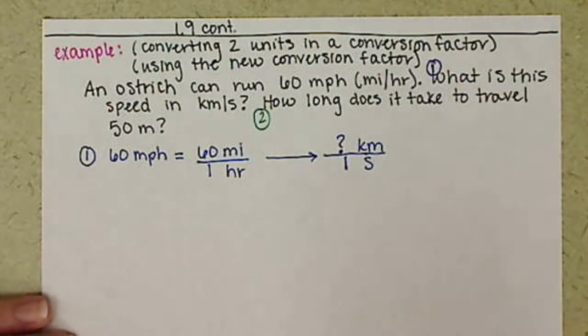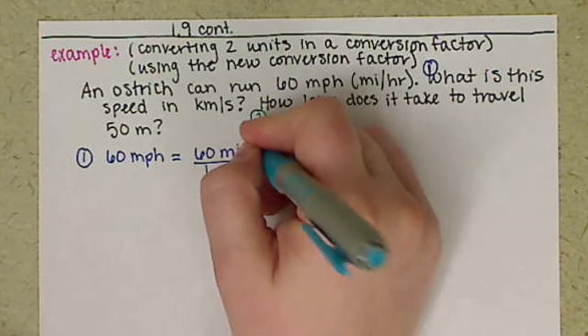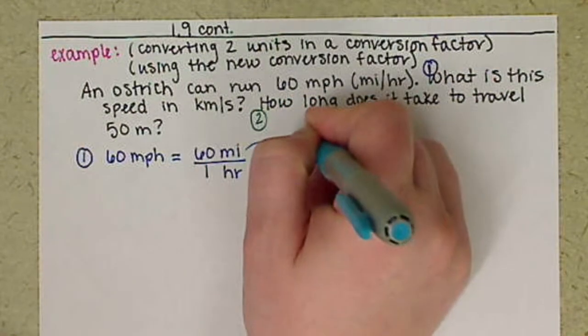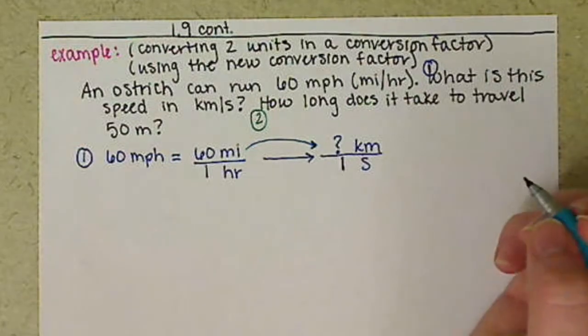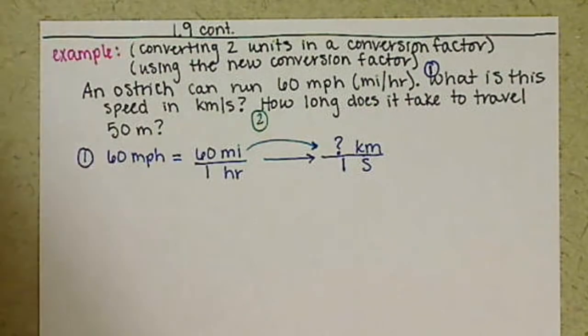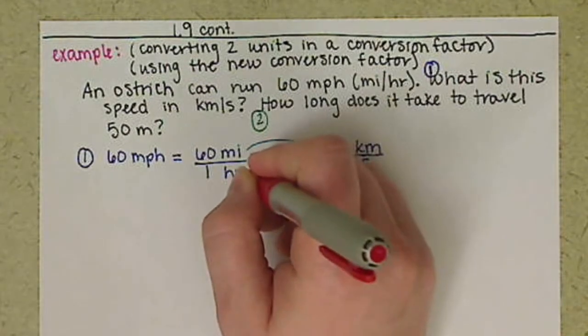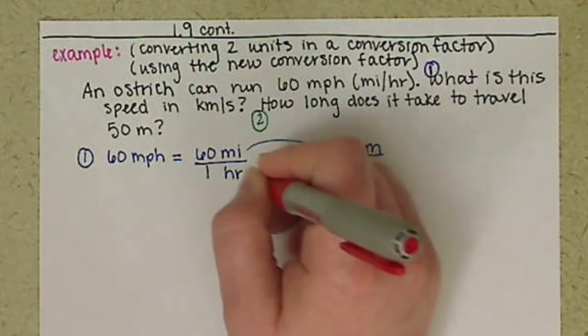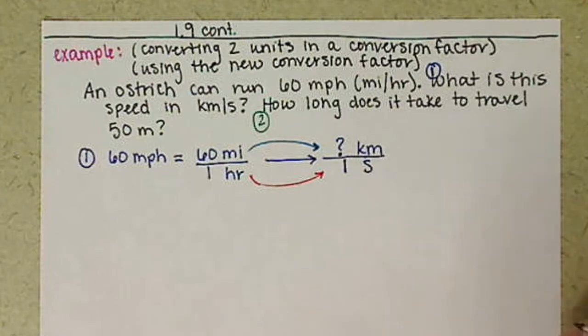We're going to have to, first of all, grab one more color here. We want to convert our miles to kilometers. And our next conversion, we also want to convert our hours to seconds.